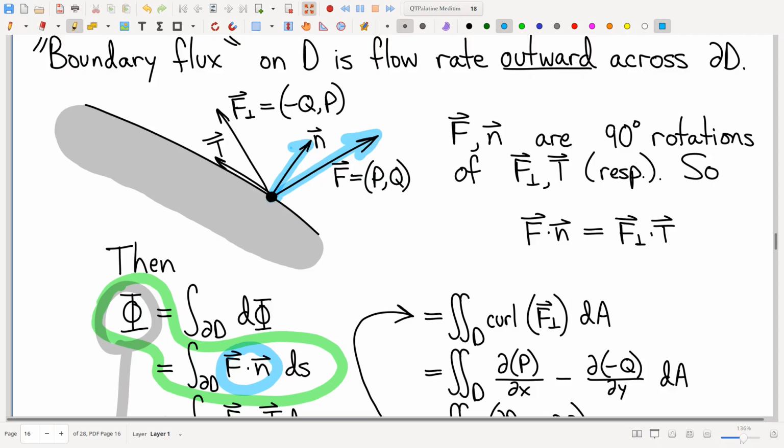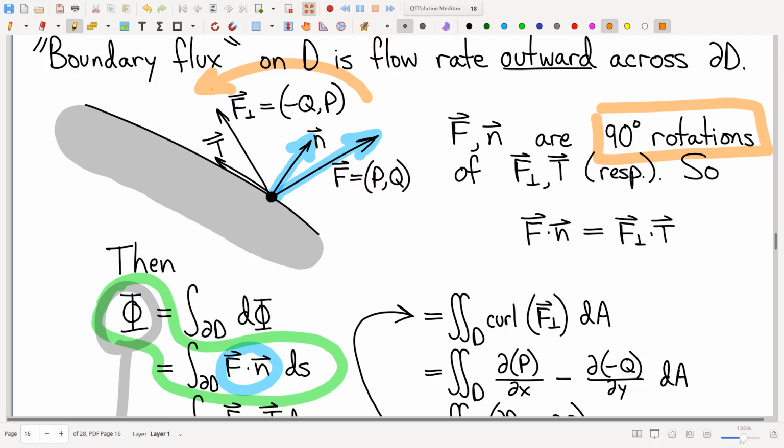Our normal vector is something like that. If I were to do a 90-degree rotation of both of those vectors, the first thing I'm going to observe is that it doesn't change the dot product. If you just rotate, the dot product doesn't change at all.